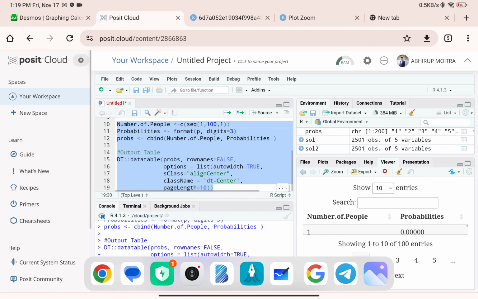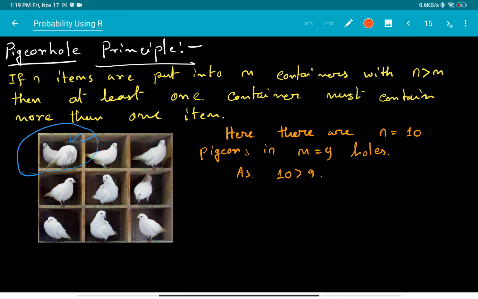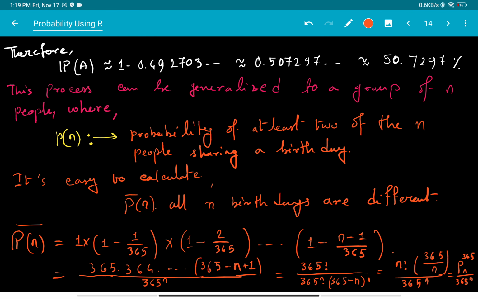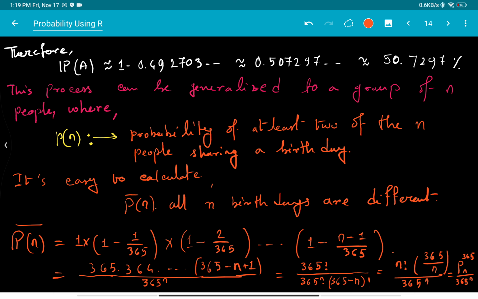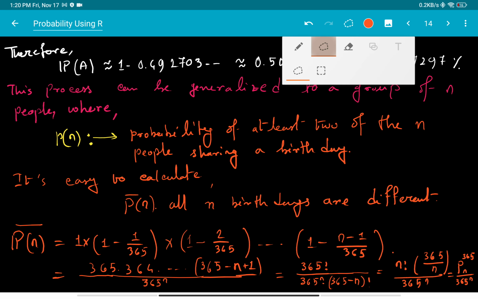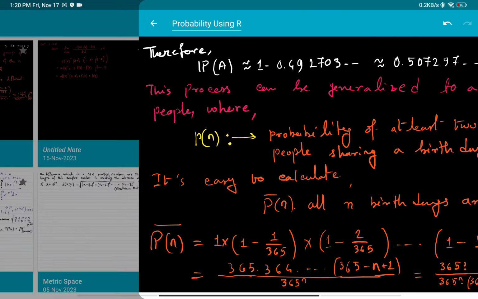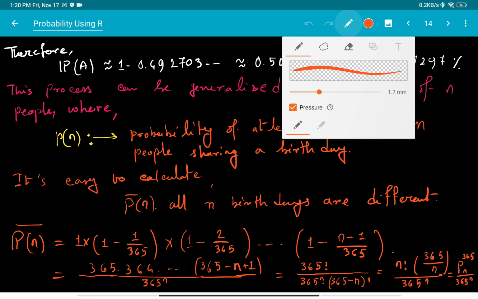So let me go back to this here. This is how things vary. Let me arrange these things properly. Sorry, so this is the thing. Let me cut this out.